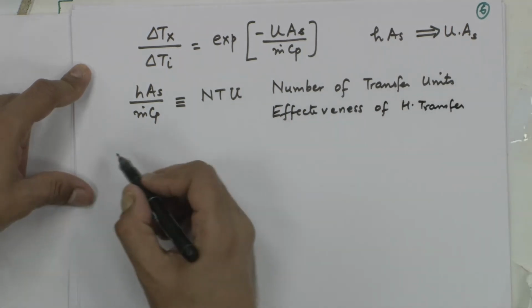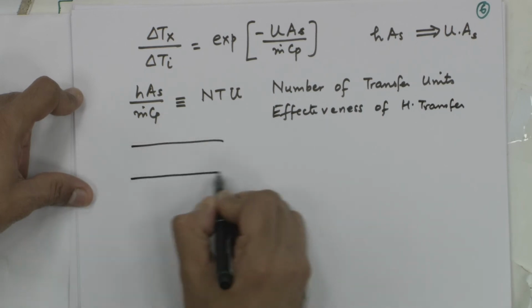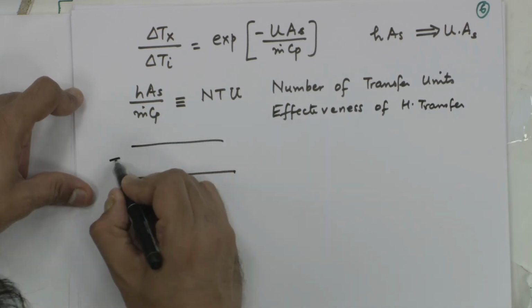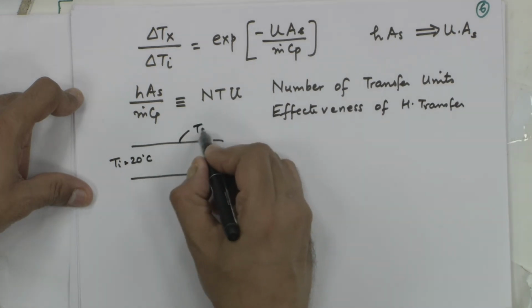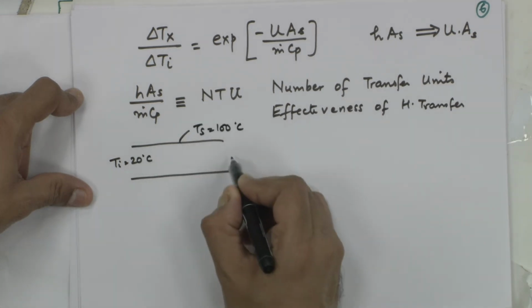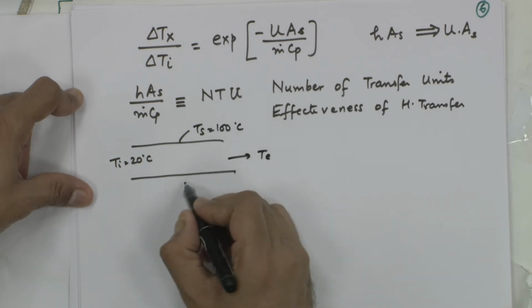So, let us take a simple example. If I have a flow of inlet fluid coming at 20 degrees centigrade, surface is at 100 degrees centigrade, I want to calculate the exit temperature.